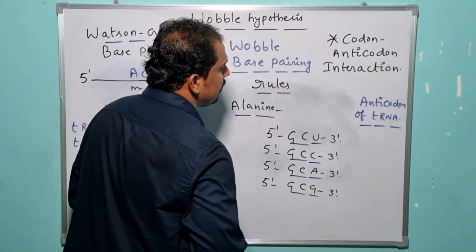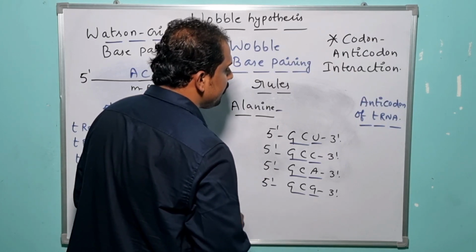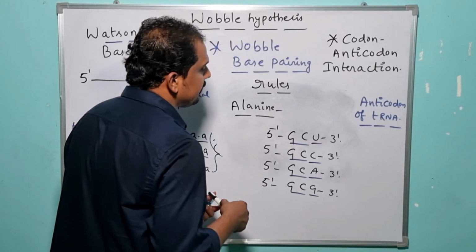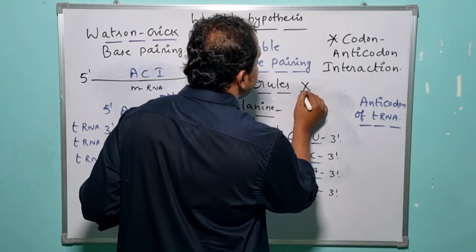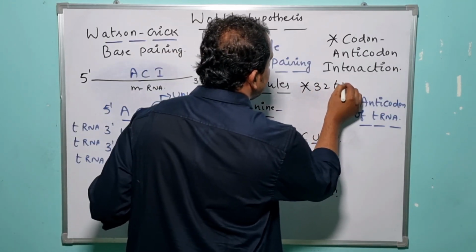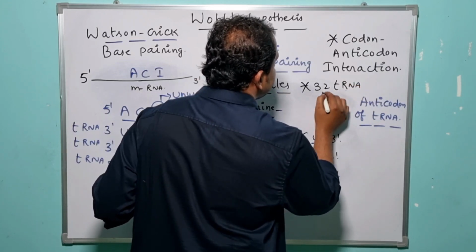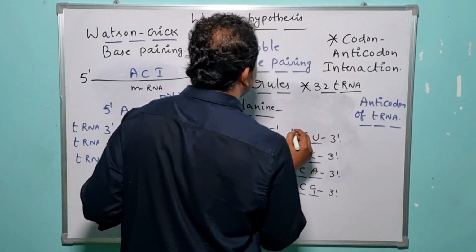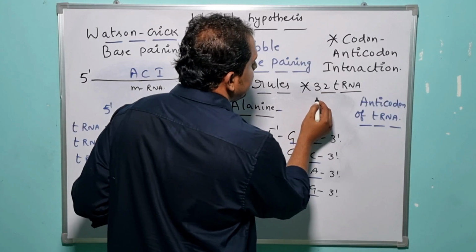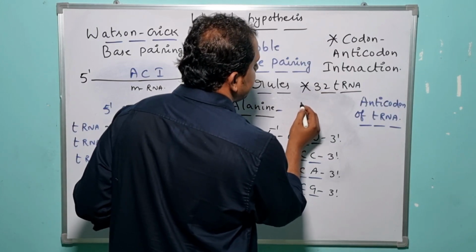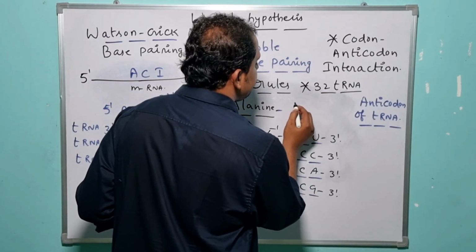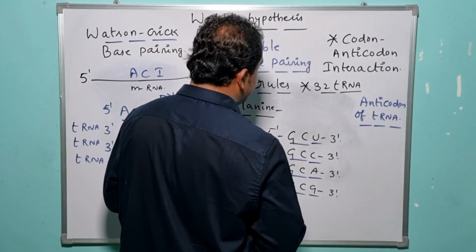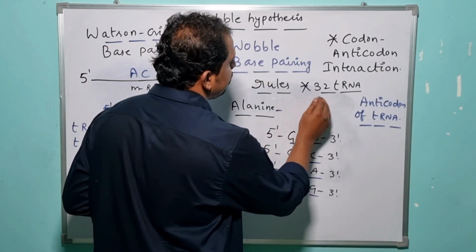And the last postulate of wobble hypothesis is that there is a requirement of 32 tRNAs. According to wobble hypothesis, for organizing the translation process, either in case of prokaryotes or in case of eukaryotes, there is a requirement of 32 tRNAs.